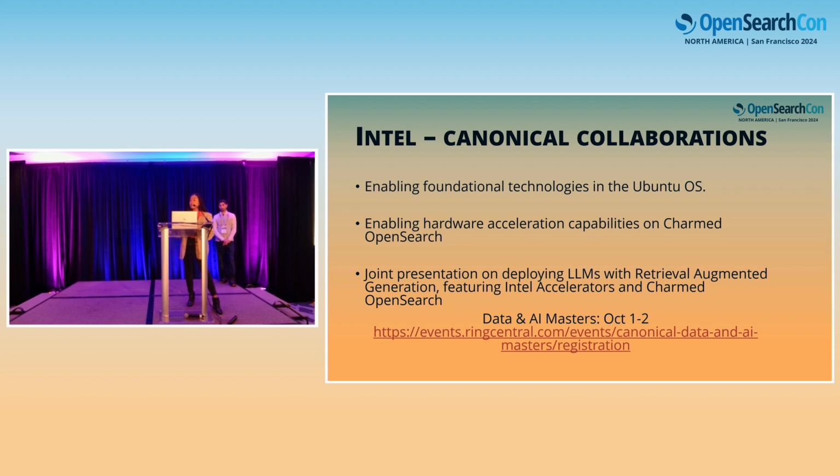And then lastly, the operator, which is actually our solution so that you can run OpenSearch in different clouds, both private and public cloud. And we implemented a lot of automations to make sure that anyone who wants to use OpenSearch in different clouds will have your back covered because of those automations. So that's what we call Charmed OpenSearch, and we actually had a GA of that just today. So that's our announcement a while ago.